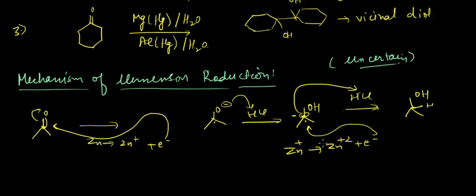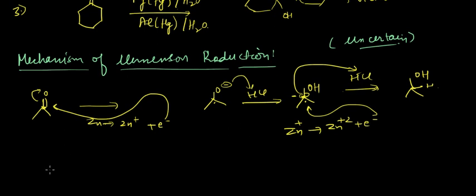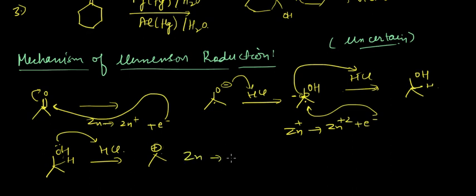Now what will happen is, this formed compound would again undergo reaction with HCl. This time the lone pairs of the oxygen atom attack the hydrogen atom to form a positive charge on the middle carbon atom, and a water molecule is released. Then again the zinc converts itself into Zn 2+ and 2 electrons.